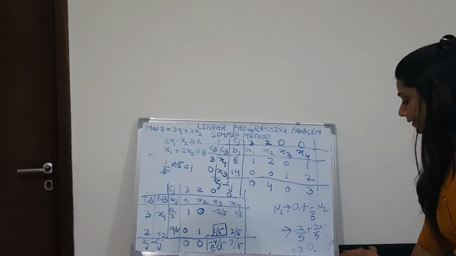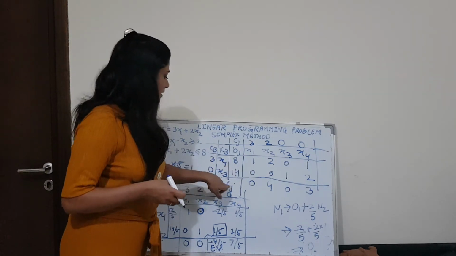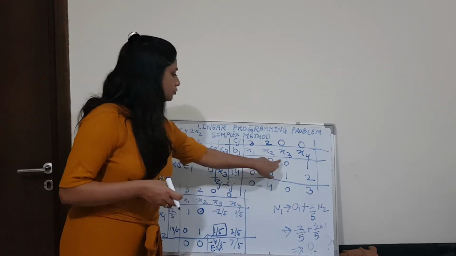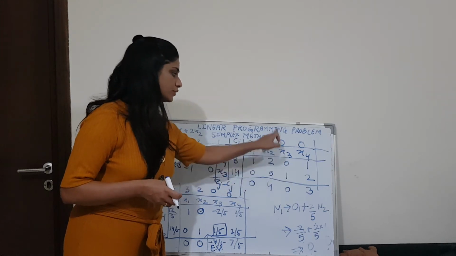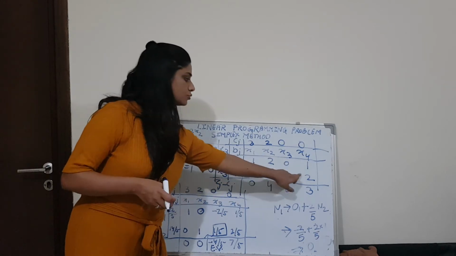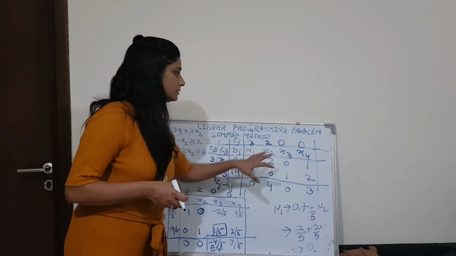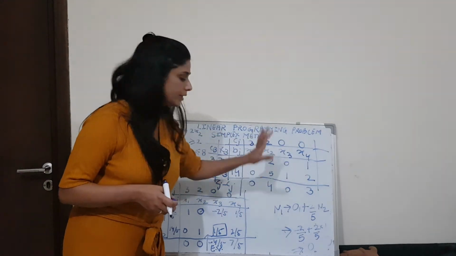So you can see, I am telling you this Zj minus Cj. Here, 3 into 0, 0, plus 0 into 1, 0, and minus Cj. Cj for the third column is 0, so 0. 3 into 1, 3, plus 0 into 2, 0, and minus Cj. Cj for the fourth column is 0, so 3 minus 0 is 3.